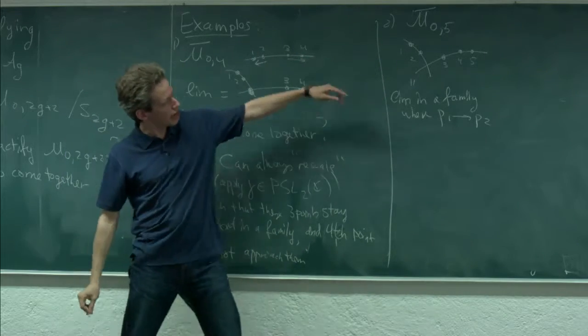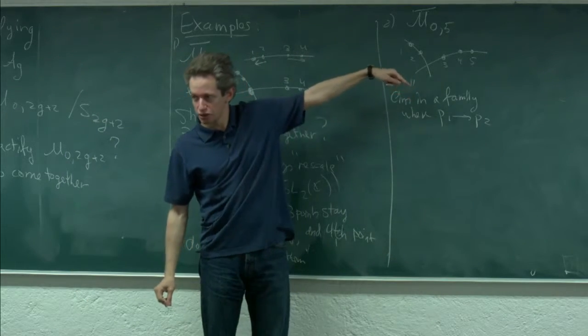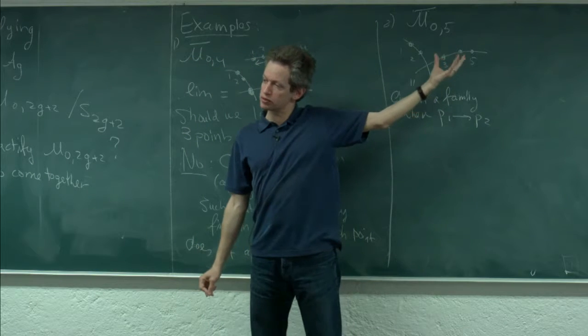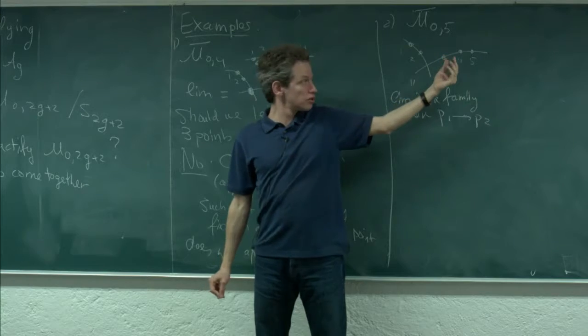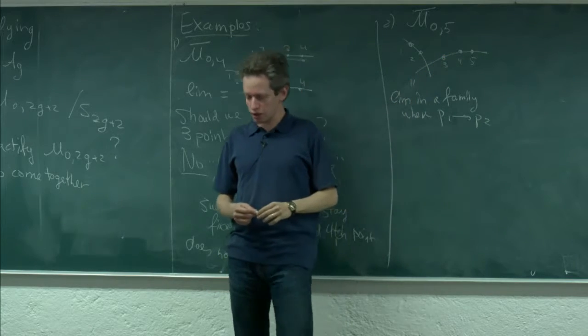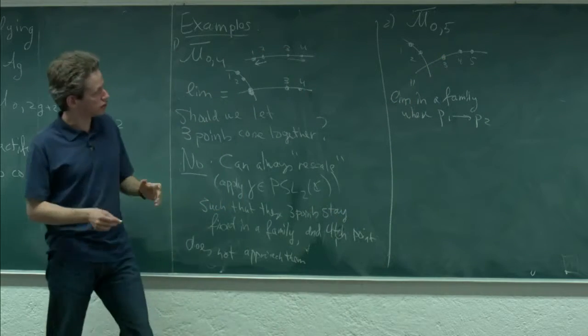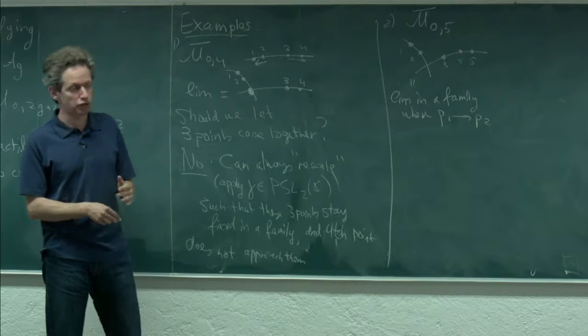Okay? But then again, if you look at this picture, this also looks like the limit in the family when these 3 points come together. So that would seem to indicate that we should not let 3 points come together. This is very good. So this is the boundary.